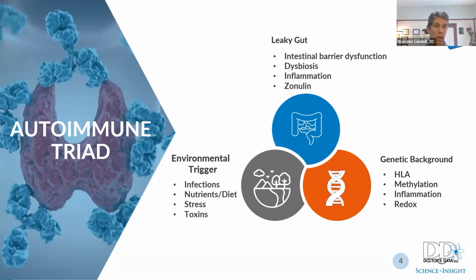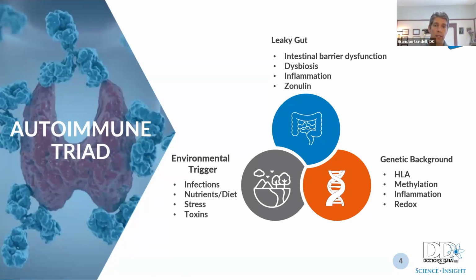Redox genes as well, like GSTP, those with low glutathione, whether genetically or environmentally or both, come into play in developing autoimmune disease. So that epigenetic as well as genetic factor needs to be addressed in all autoimmune disease. You can't get away from it.